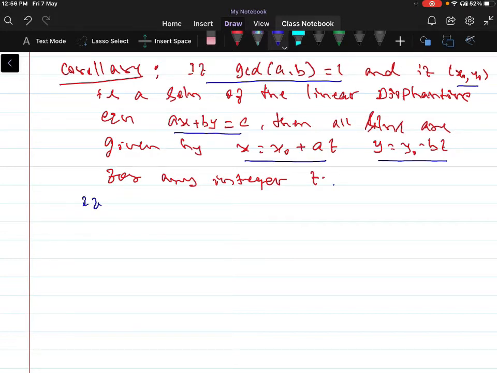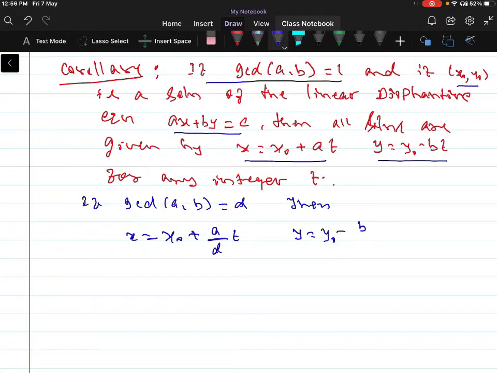If GCD of a comma b is equal to d, then all other solutions are given by x is equal to x naught plus b by d into t, y is equal to y naught minus a by d into t. Here GCD of a comma b is equal to 1. In place of d you take it as 1.